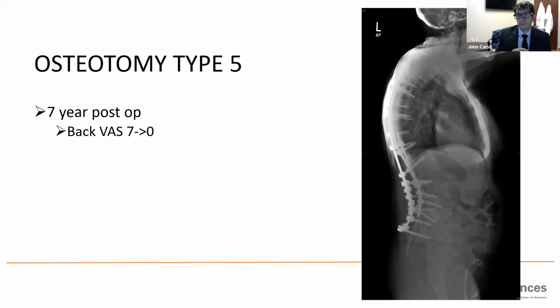So my main way to prevent PJK is to make sure that their alignment is totally correct, or as correct as I can get it in the lower lumbar spine. And then I keep them in an orthosis for basically 3 months after surgery.